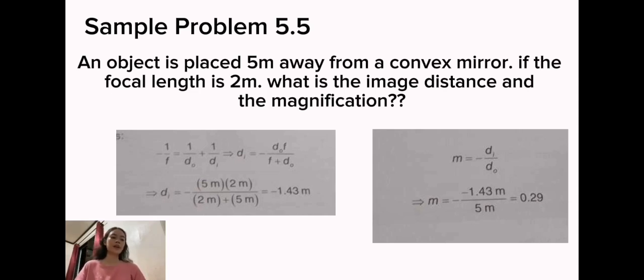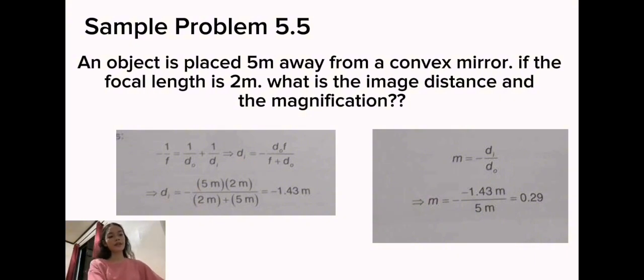That will become the equation d sub I equals negative d sub O f over f plus d sub O. So d sub O is 5 meters and f is 2 meters. After plugging in, we come up with the answer, which is negative 1.43 meters. That is the answer for the image distance.